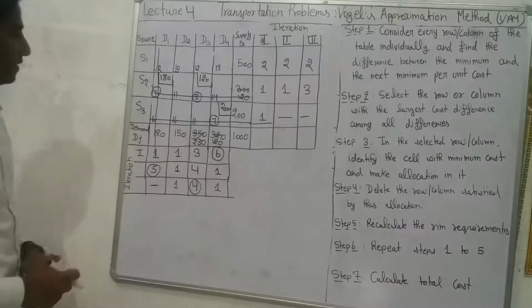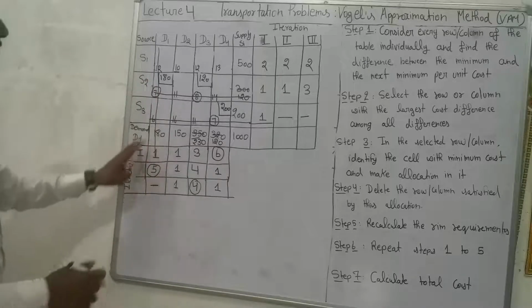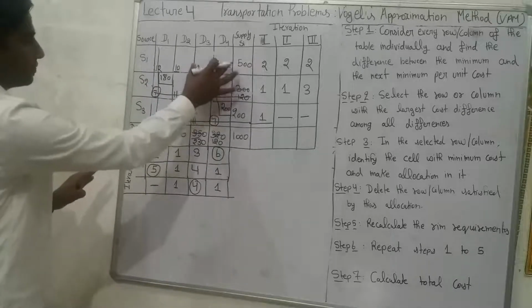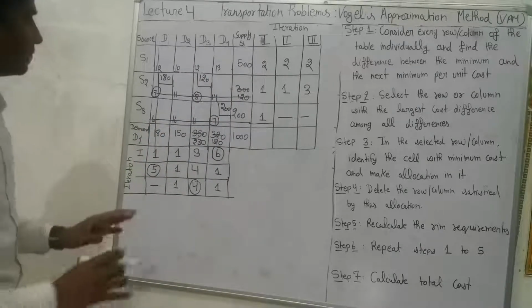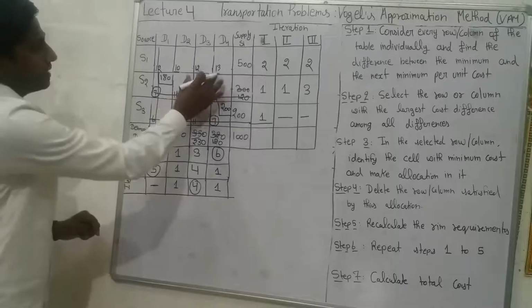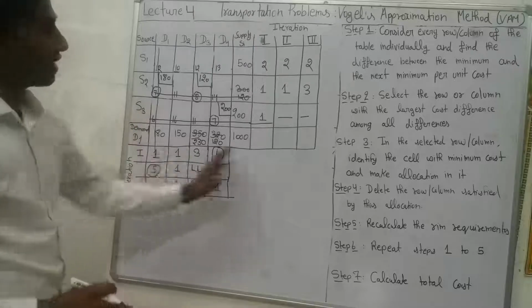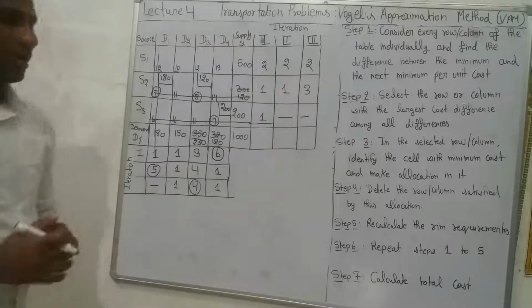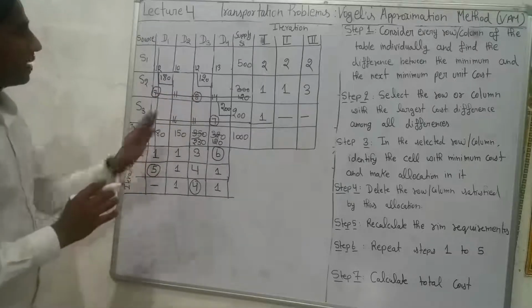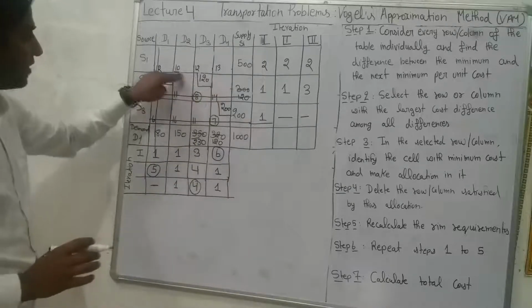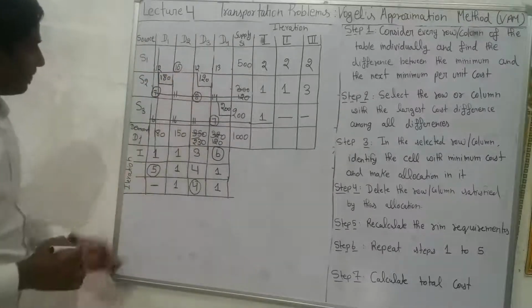Now, after doing this, we are left with only one row. There is no other row and there is no other column. So if we have only one row or one column, there is no need to calculate the cost differences. We directly select the minimum value out of the remaining cells, and the minimum value is 10. For this cell, match the demand and supply.